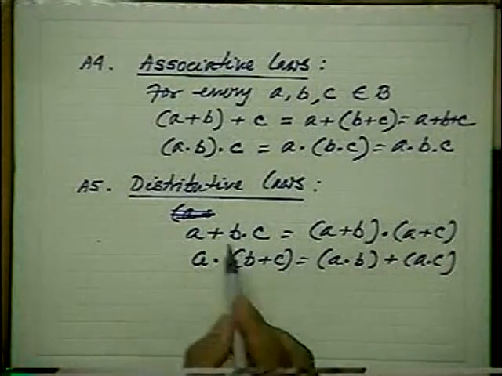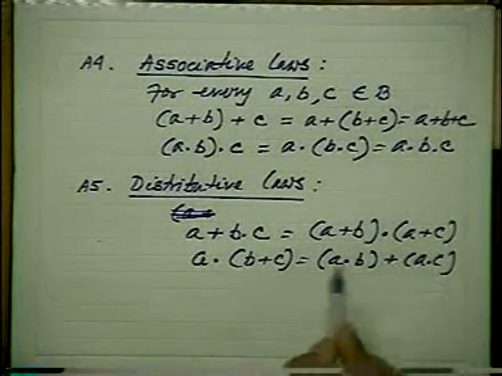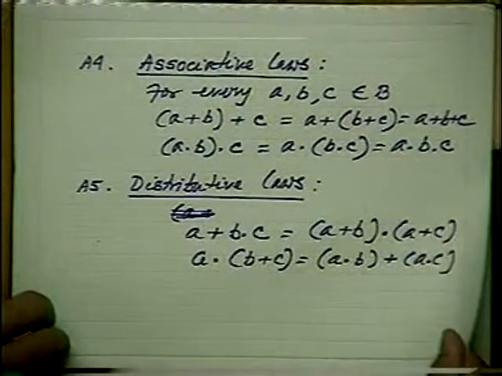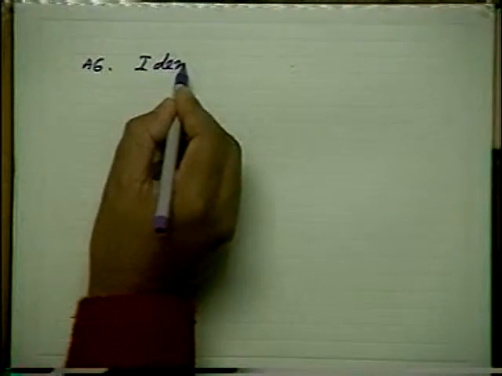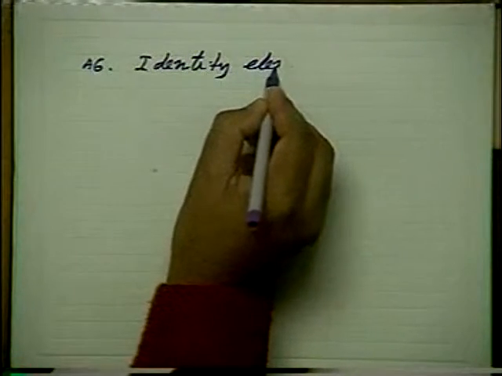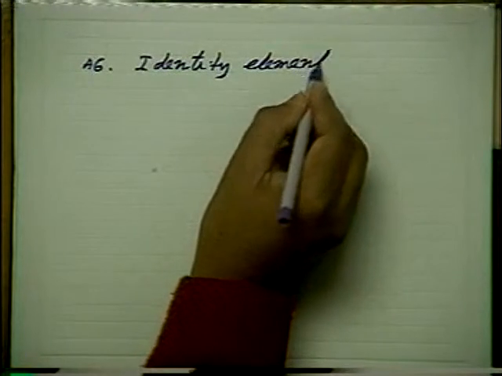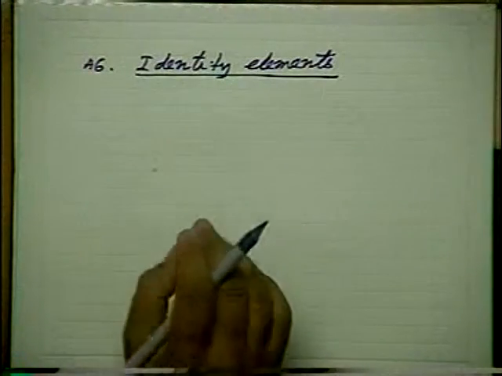That means plus is distributed over dot, and here the dot is distributed over plus. Now, A6 are the identity elements. We introduce identity elements now.